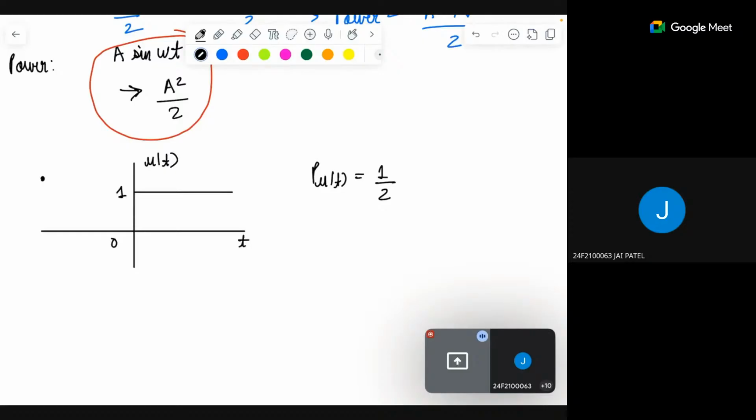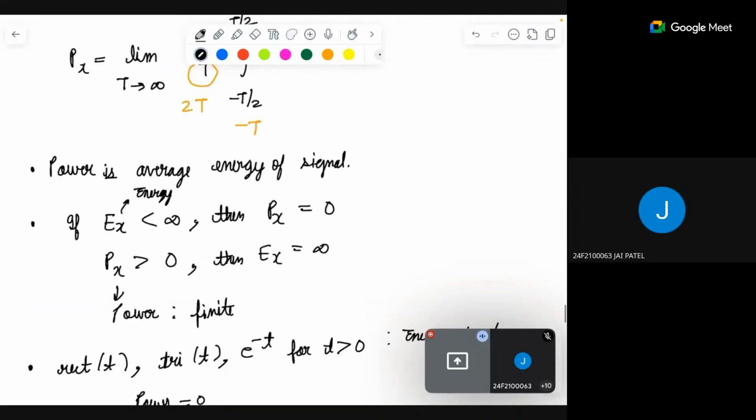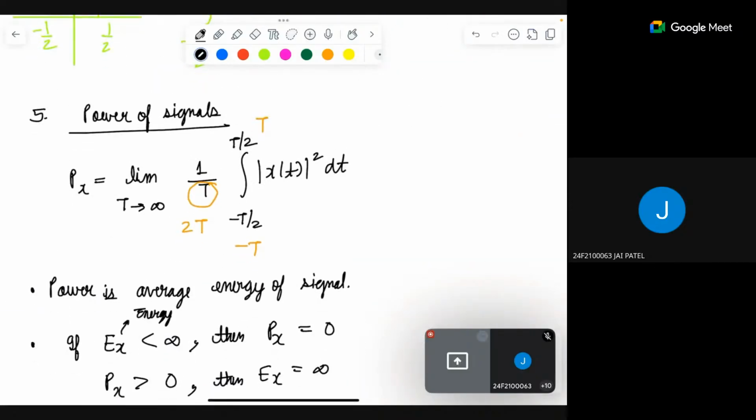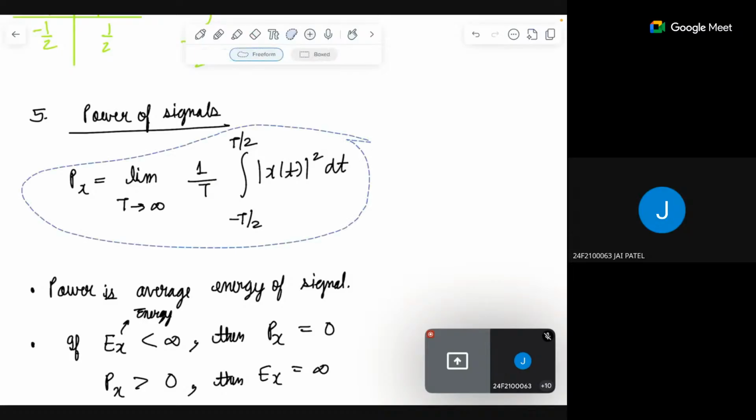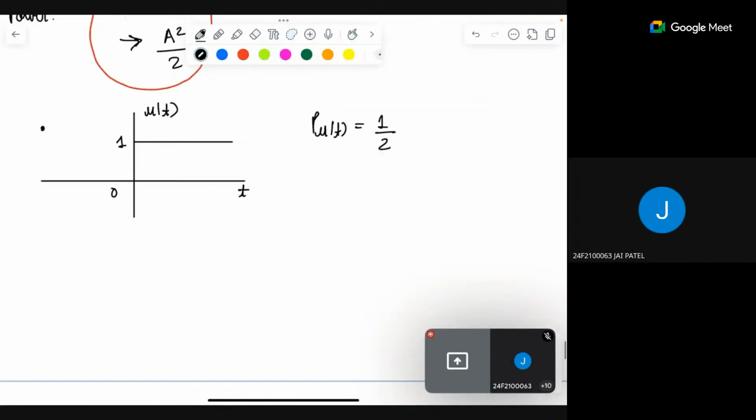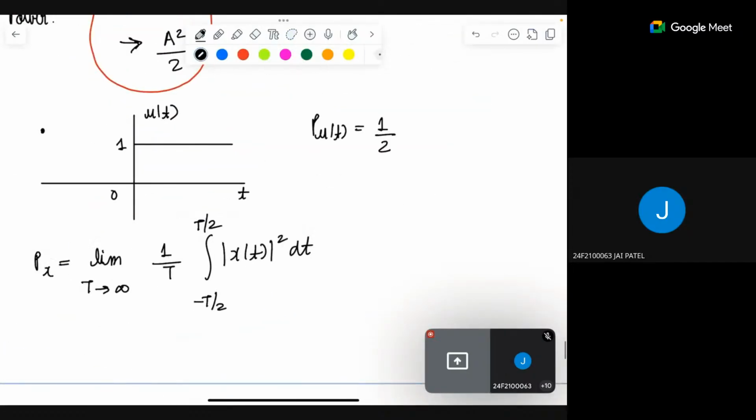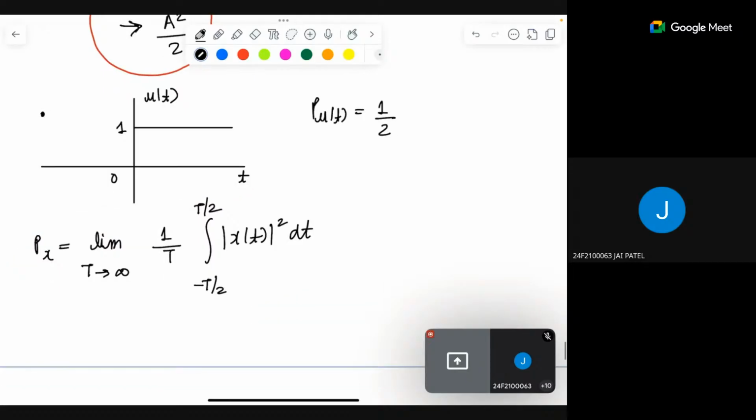So let us go back to the definition of power signals. Px is the limit t tending to infinity. I will copy it from here. So let us do it.